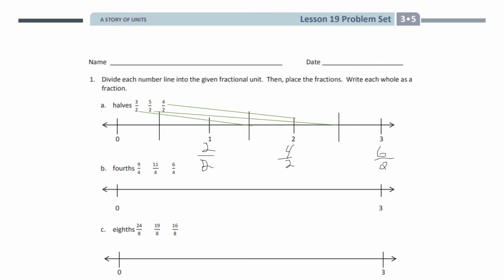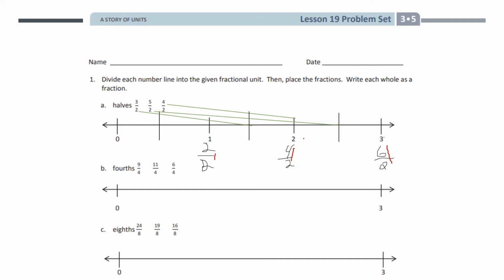Now, as you look, it says write each whole as a fraction. So I had to put with the one whole, make it 2 halves. For 2, 4 halves. And for 3, 6 halves. Then I put these where they would go.